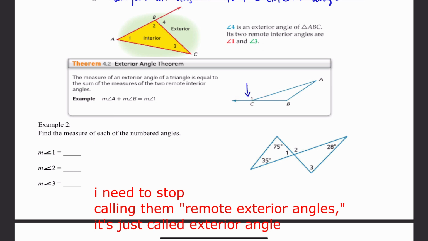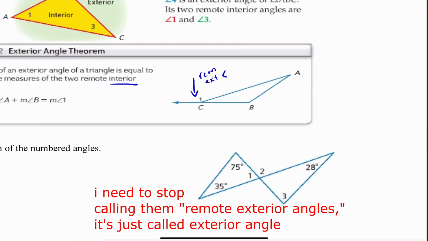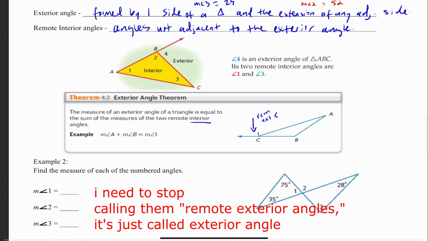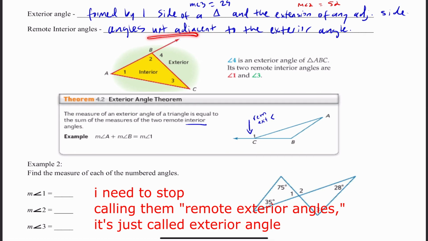Interior means inside, so the remote interior angles have to be not adjacent to the exterior angle. Angle A and angle B are not next to this angle here.